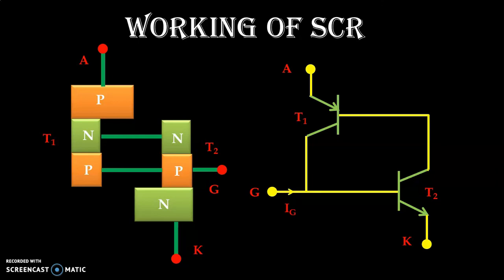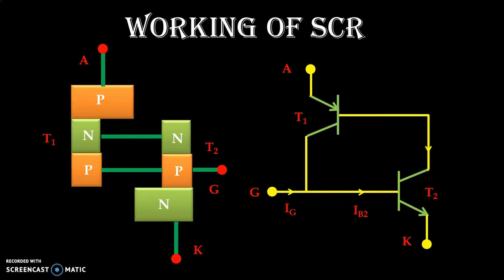now let us see what happens. When we apply gate current, it is connected to the base of the transistor T2. So base current Ib2 flows for the transistor T2. When base current is applied, transistor T2 changes its state from off to on, and collector current for the transistor T2 starts passing through.